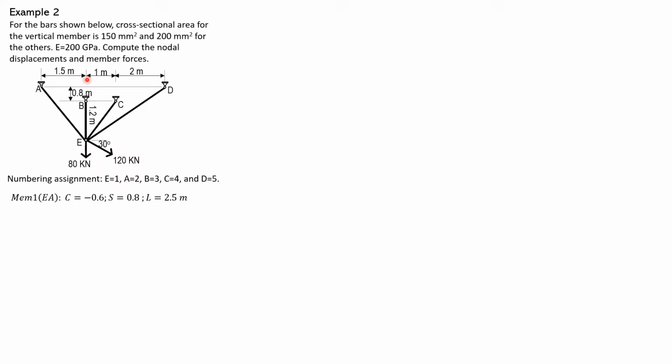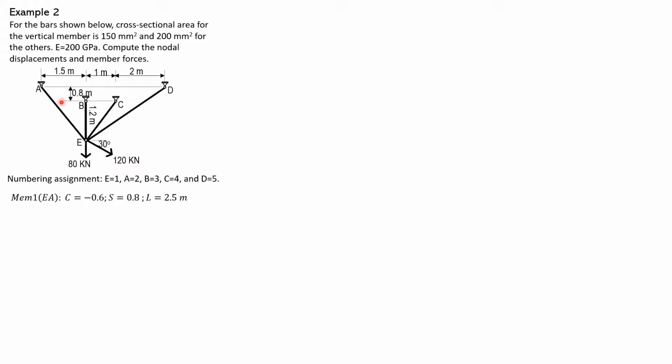So cosine is negative 1.5 over, this is 2 meters. So the length is 2.5, or in other words, the slope is 3 horizontal, 4 vertical, then 5 hypotenuse. But the cosine of EA, or member 1, because it is directed up to the left, the fact that it is to the left is negative.